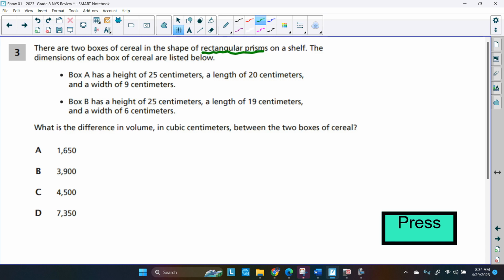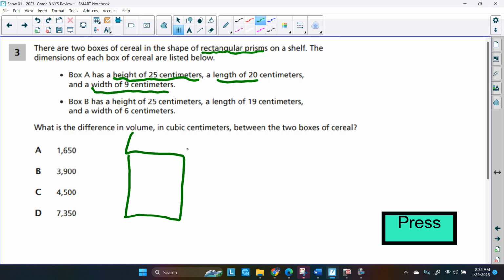Let's talk about box A. Box A has a height of 25 centimeters, a length of 20 centimeters, and a width of 9 centimeters. Let me draw what it looks like. Here's a box of cereal. I'm sure you've seen many boxes of cereal, and they look pretty much like this.